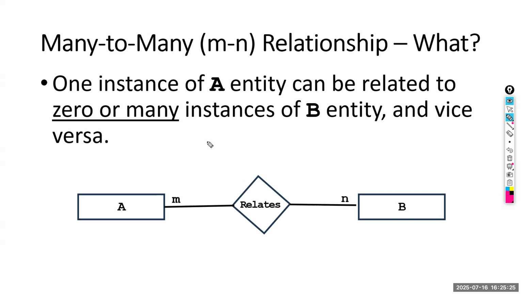Many to many relationships are actually not rare. It's not as rare as one to one. One to one is the one you most rarely find.